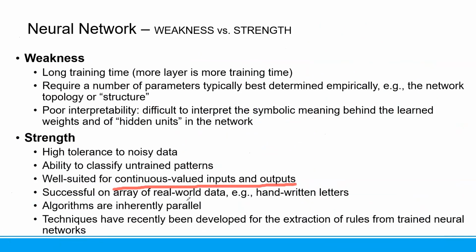And there are many success stories for handwritten letters. The algorithms are inherently parallel, and now there are many techniques to extract knowledge from trained neural networks. So we can use an existing pre-trained neural network and do further work with it.